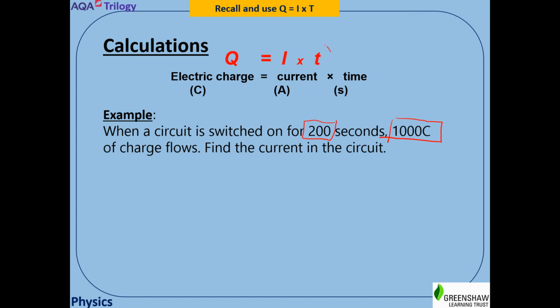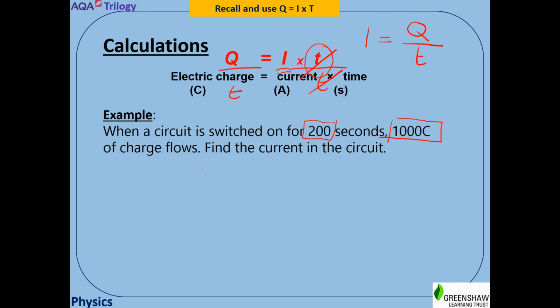So we want to move T to the other side of the equation because we want to make current the subject of our formula. In order to make current the subject, we need to divide this side by T. And if we're dividing this side by T, we must also divide this side by T. That means this cancels out, and so I equals Q divided by T. And you need to be confident on rearranging those equations.